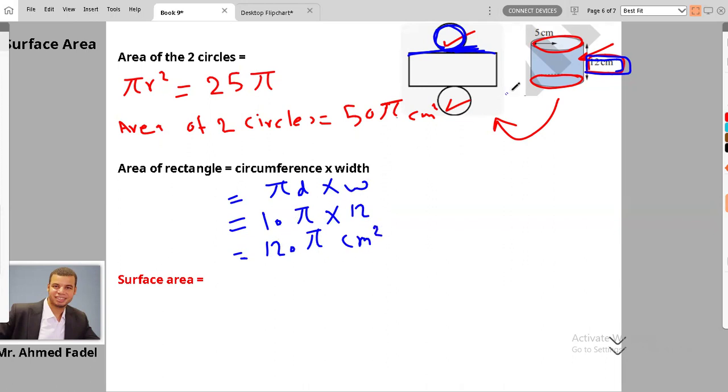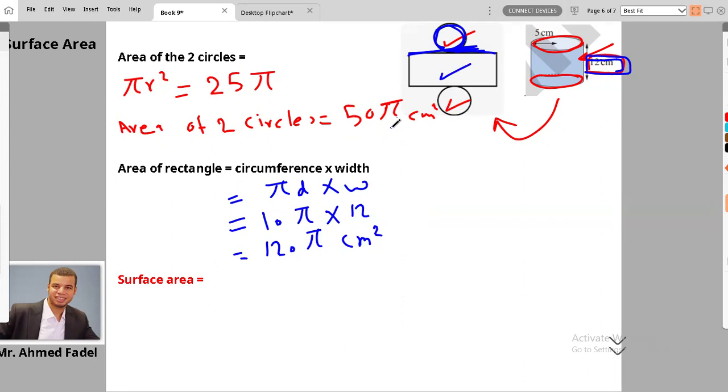Again, we got the circumference, which is pi d, which is actually 10 pi, and after multiplying it by 12, which is the width, it gives us 120 pi centimeters squared. Now we found the area of that rectangle as well. Okay, good.